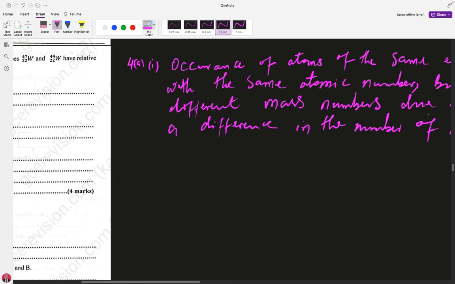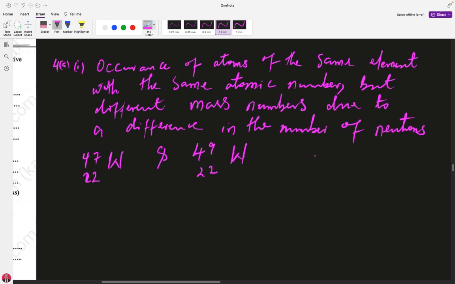For example, we were given 47 and 22 for W, and this other one 49 and 22 for the other isotope. These are two isotopes, just as chlorine 35 and chlorine 37.